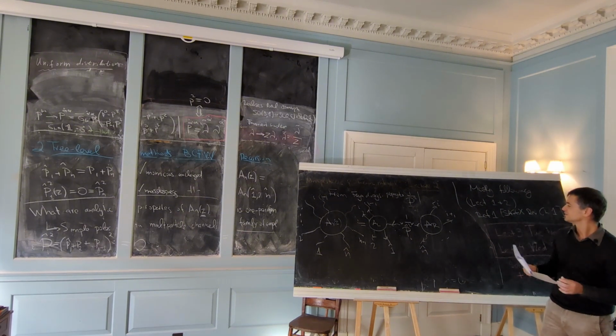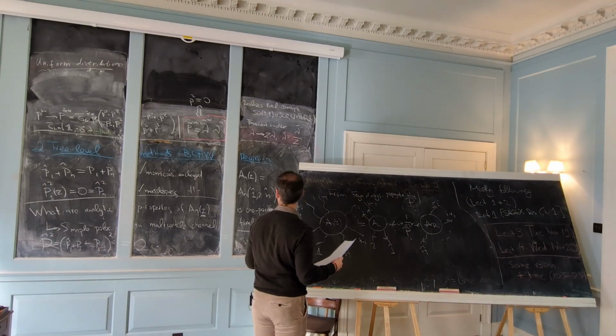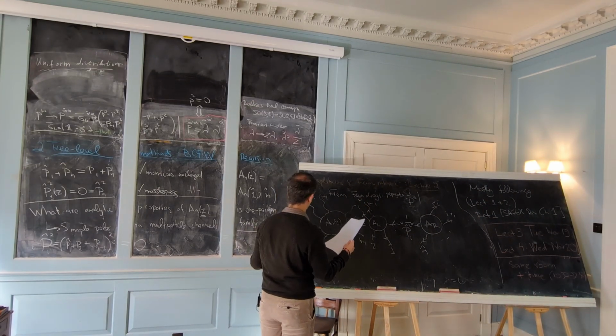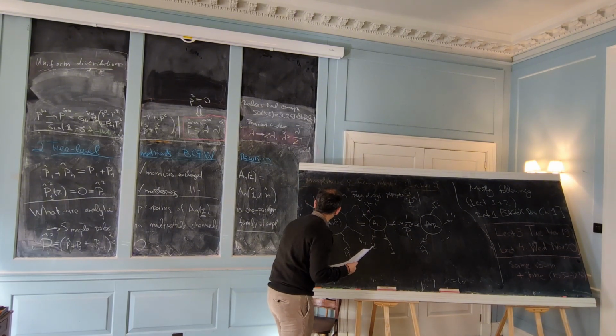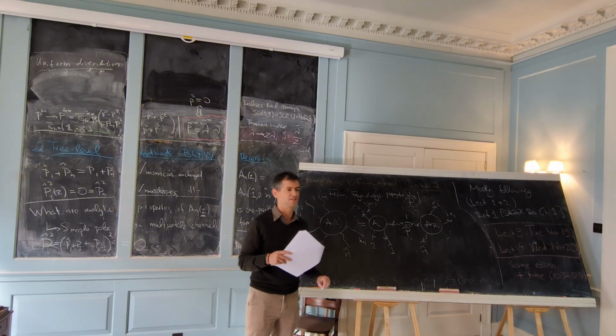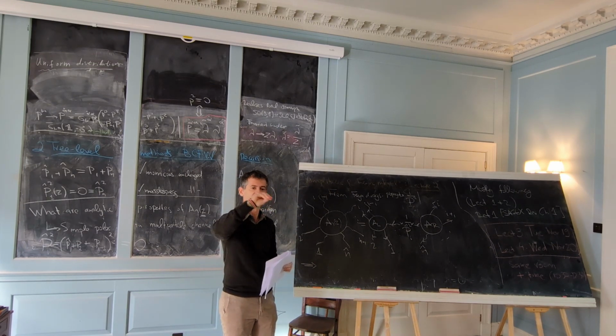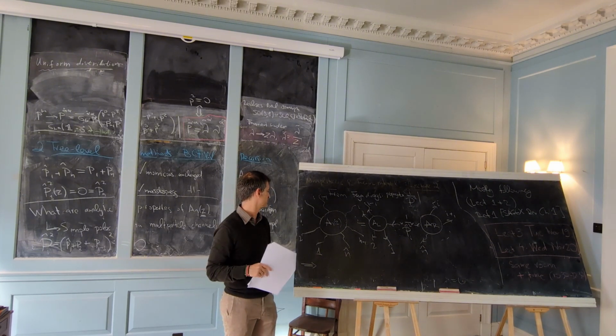And especially with respect to z, this is the variable of interest, the variable we added. How many simple poles can we have in the variable z? Suppose I fix the momenta, I don't move them, and then I move this z around. How many possible poles will we have?